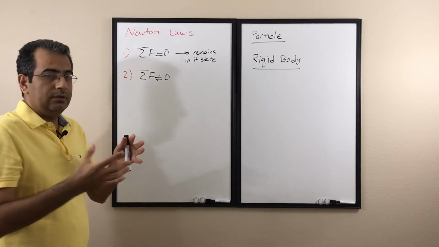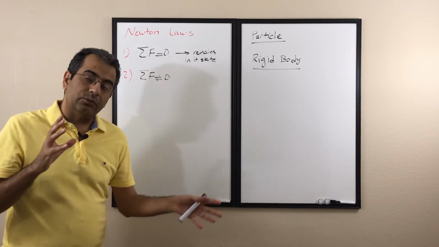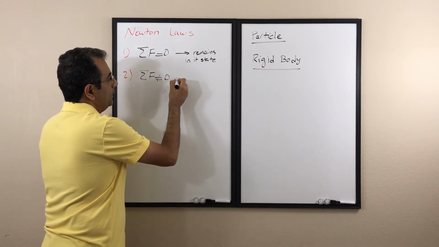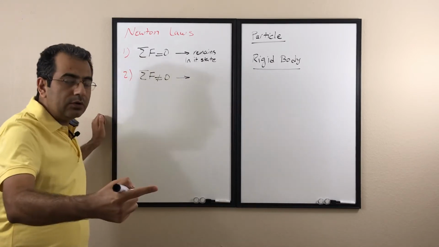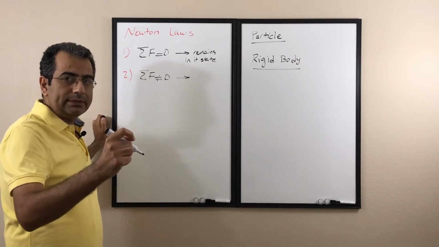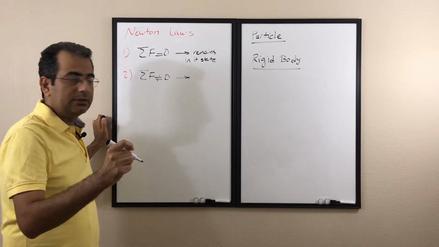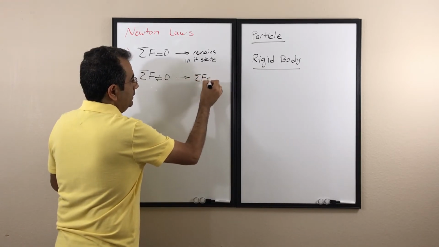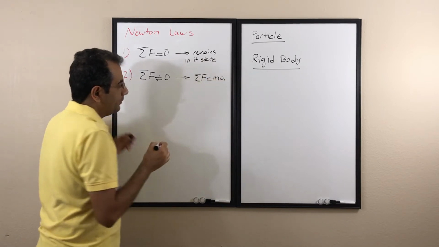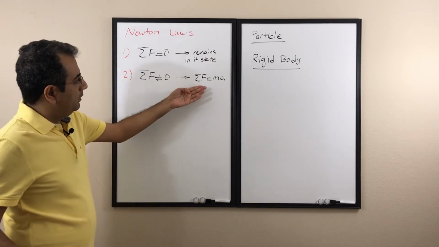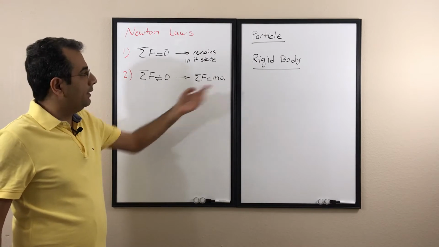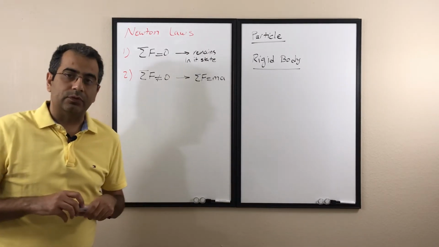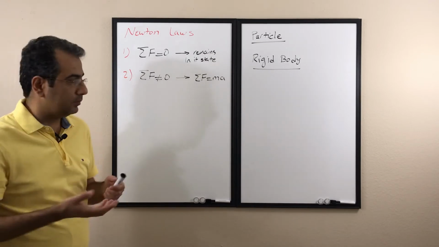In that case, we'll say that the object starts moving with a constant acceleration. So in other words, you have seen that sigma F is ma, where m is the mass and a is the acceleration, and sigma F is the resultant force applied on that object.